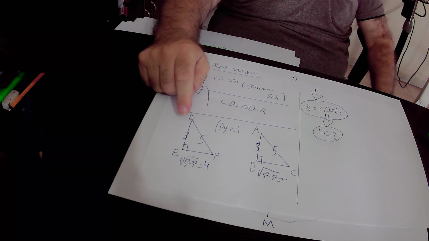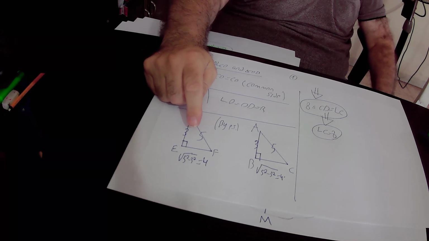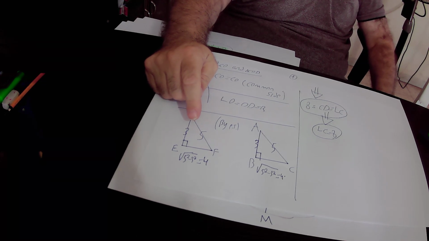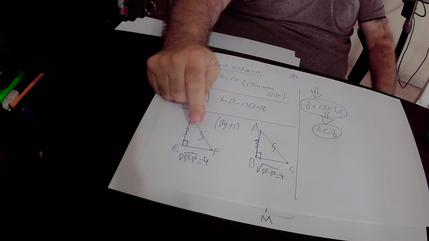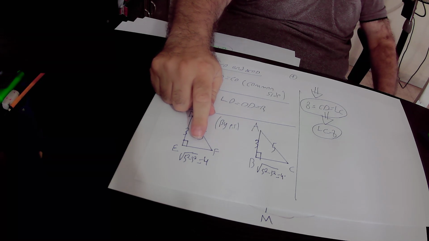Why? Because according to the Pythagoras theorem, the third side in both triangles equals the square root of 5 square minus 3 square. 5 square is 25, minus 3 square is 9. That is 25 minus 9 is 16, and the square root of 16 is 4.